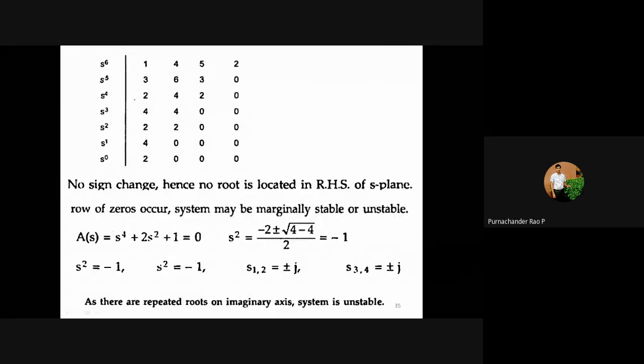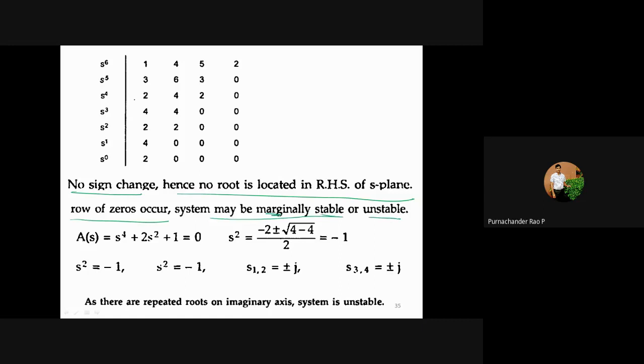Okay, no sign change, hence no root is located on the right half of the s plane. But no sign changes indicates that no root is located on the right half of the s plane, but a row of all zeros occurs and the system may be marginally stable or unstable.